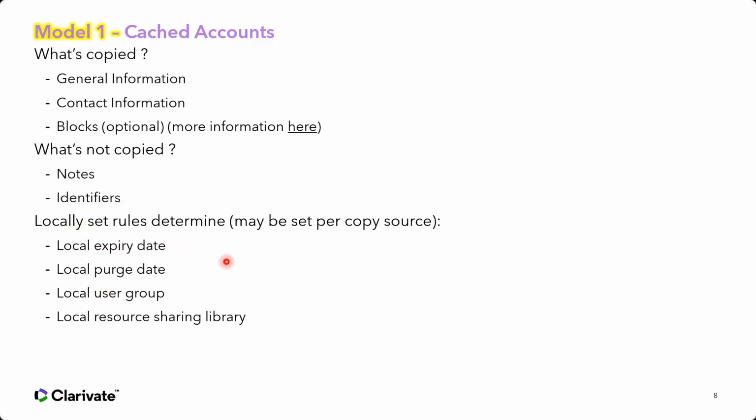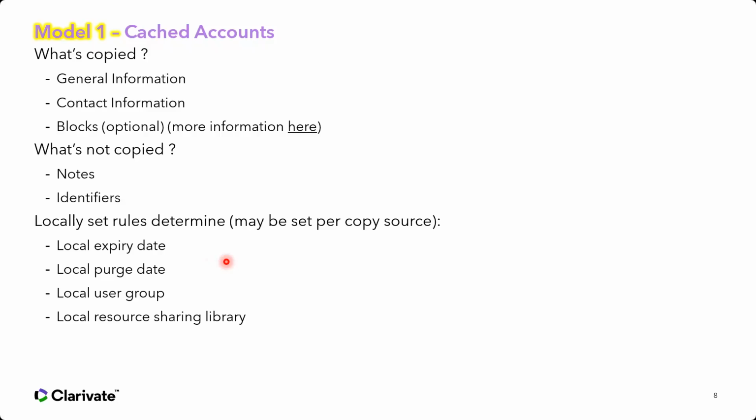So for example, you can set up rules to say that the account will be copied over and have a purge date a year later. The account will be purged only when the purge job is run at institution B, and the purge date on the linked account is in the past, so the purge job will grab that record and try to purge it.